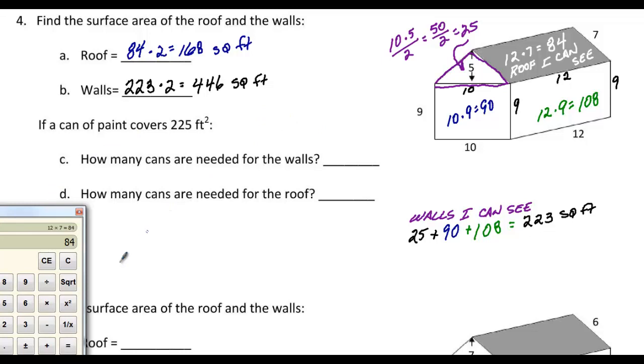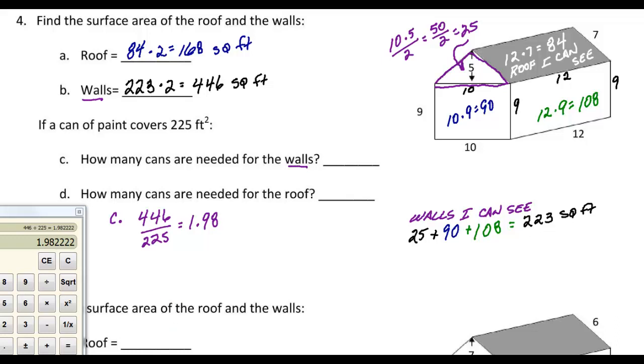All right, let's move our calculator out of the way a little bit further. So now, how many cans of paint? I'm going to spread my work out a little bit this time. So for part C, I have to take cans for the walls. So here are the walls. 446 divided by 225 is 1.98.